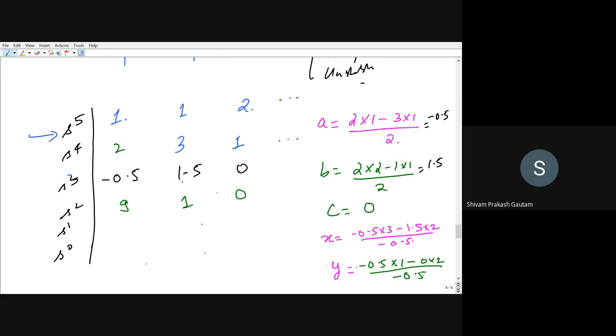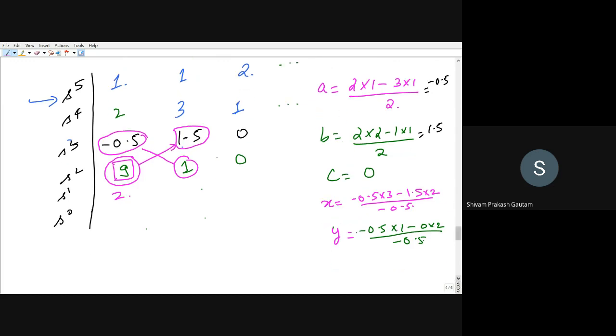Next, the s to the power 1 row will be equal to this term 9 multiplied by this term, minus 1 multiplied by this term, whole divided by this 9. Let us say we have z here. So z will be equal to 9 multiplied by 1.5 minus 1 multiplied by minus 0.5, whole divided by 9.